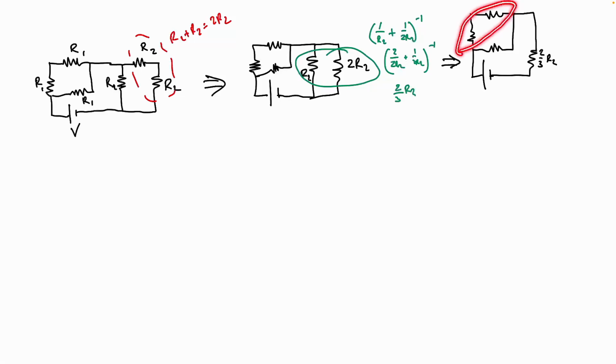I got series R1s right here, don't I? How do you tell they're in series? There's no junction between them. There's a corner, but there's no junction. So I can combine those in series. Let's see, using red for series. So that's 2R1. And I now have a drawing that looks like this.